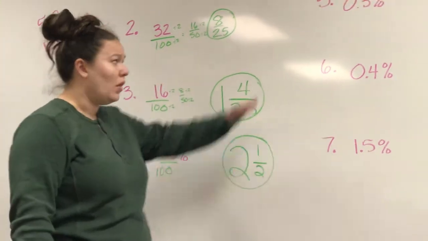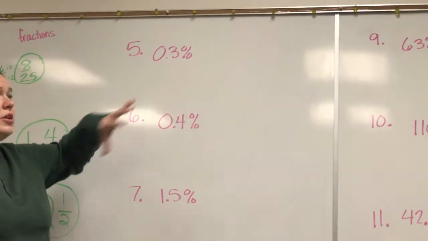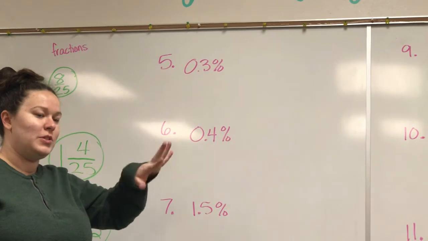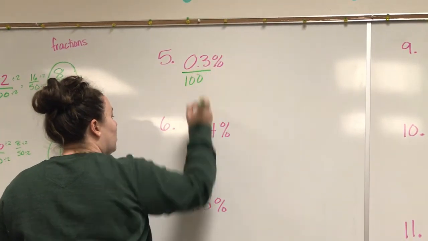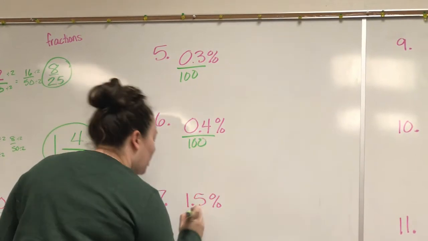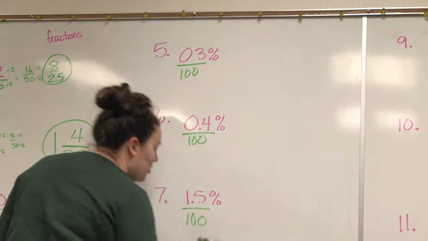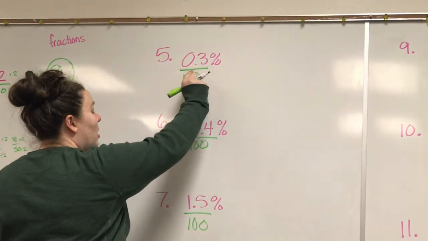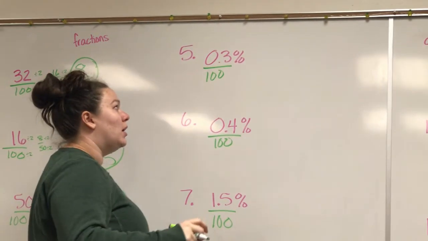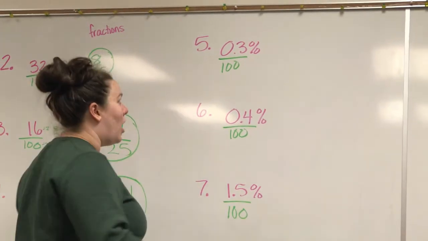Okay. Going over here, this is where things get a little bit confusing. But we're going to try our best. 100, 100, and 100. Anytime you see a decimal, it cannot be in a fraction at the top.